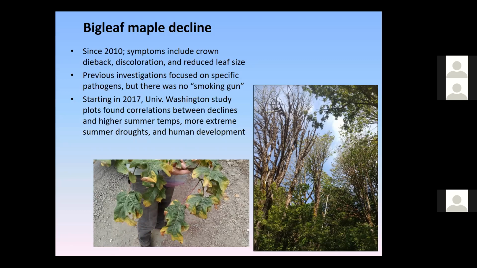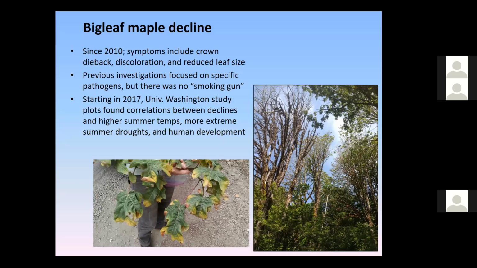So a University of Washington study looking more broadly at this at a lot of different plots through Western Washington basically came to the conclusion that this was related to more extreme droughts. And then along with those droughts, we had higher temperatures in the summer.